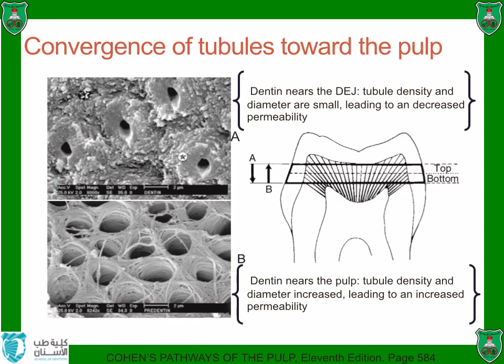Now let's understand why it's important to use liners and bases on the dentine. As you remember from your histology lectures, when we look at the dentine near the dentine enamel junction, the tubule density and diameter are small, as you see in the photograph or the scanning electron micrograph.